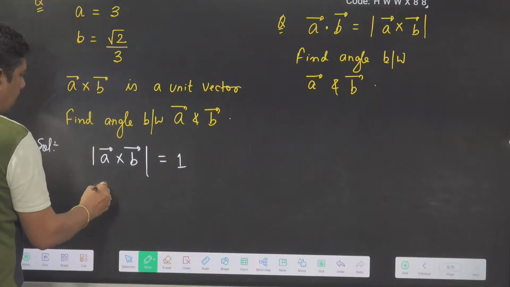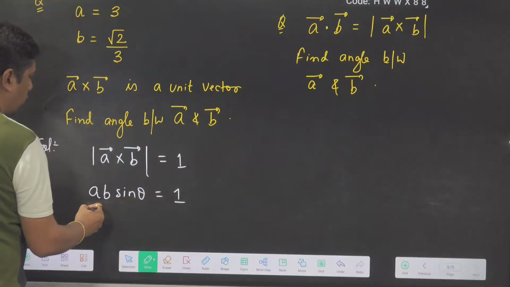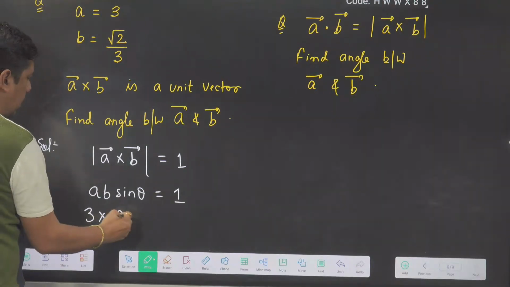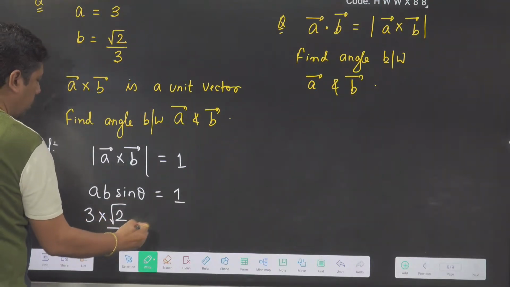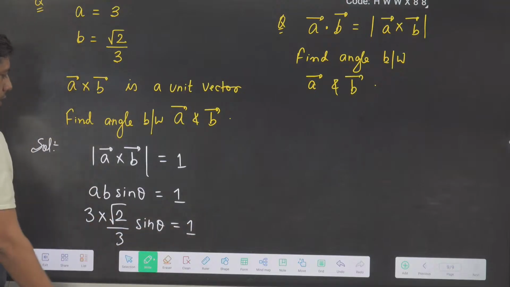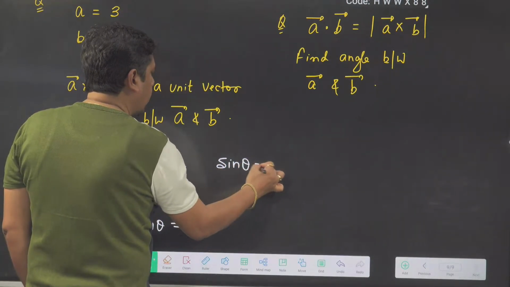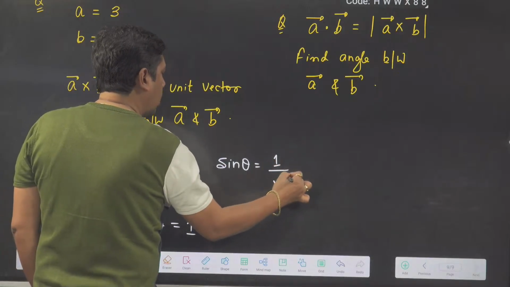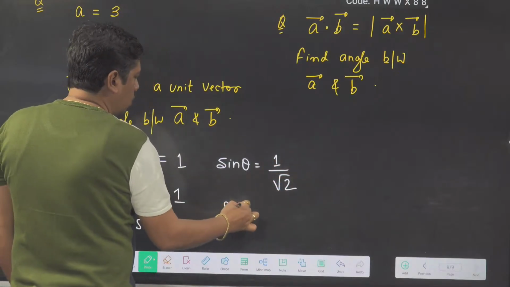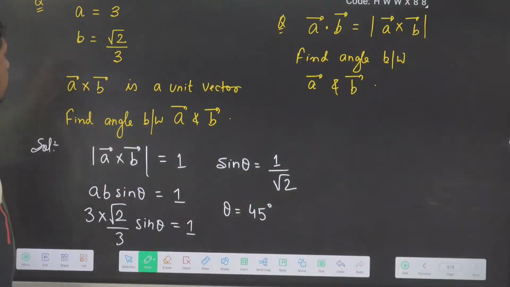So we will write AB sine theta is 1. So we will multiply 3 and root 2 by 3. Sine theta is 1, the 3 cancels, which gives sine theta equal to 1 by root 2. So theta will be 45 degree.